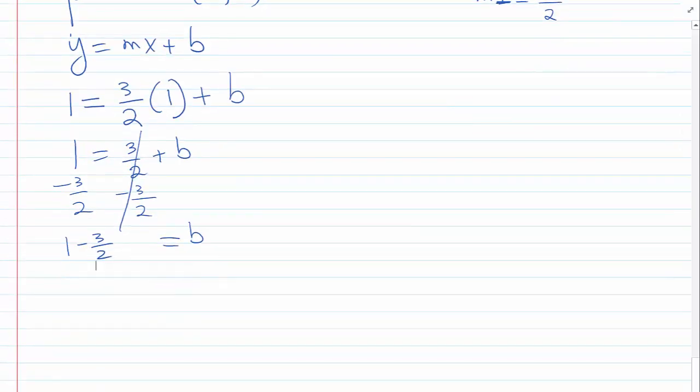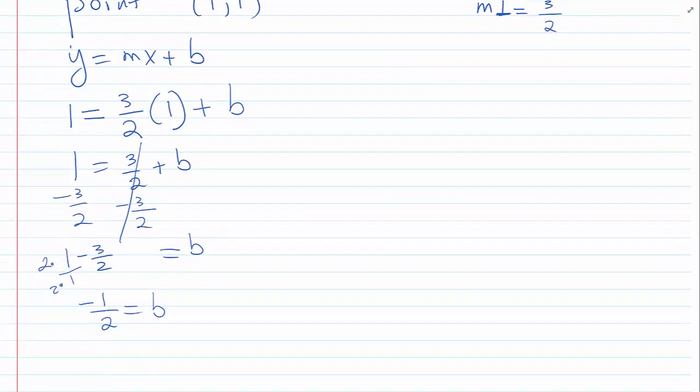We don't like to do these things, right? 1 minus 3/2. Well, write it over 1, multiply by 2, and it's 2 take away 3, and 2 take away 3 is -1. This is like the worst intercept I've seen. -1/2.